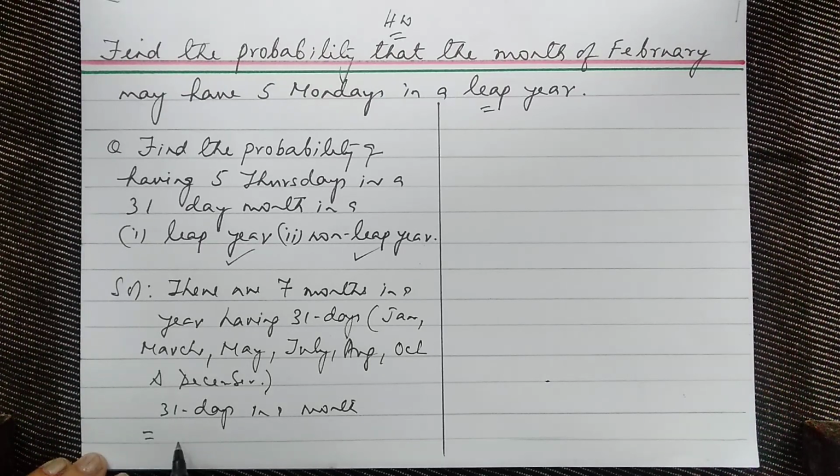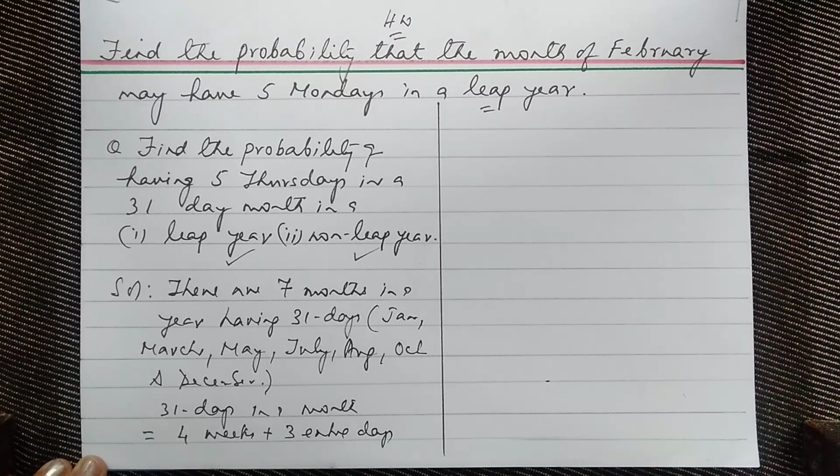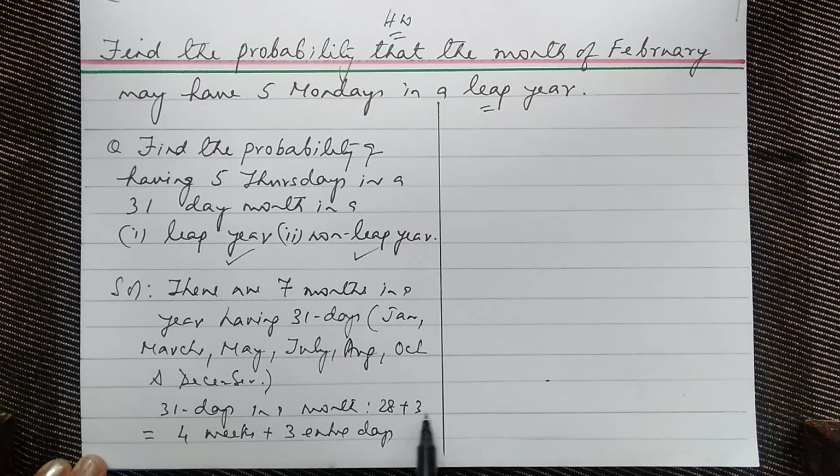Tell me. 4 weeks plus 3 extra days. Am I right? 31 days is equal to what? 28 plus 3 days. Right or wrong? Right, isn't it? So let me highlight this.